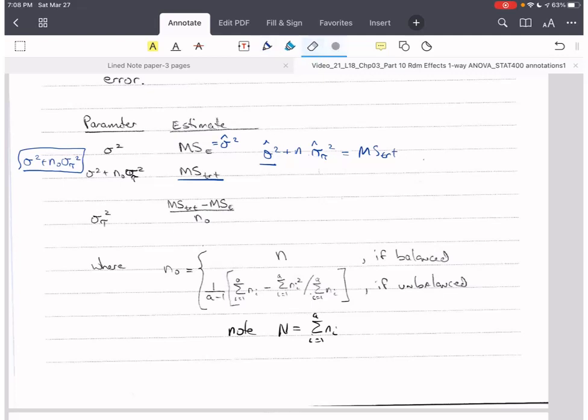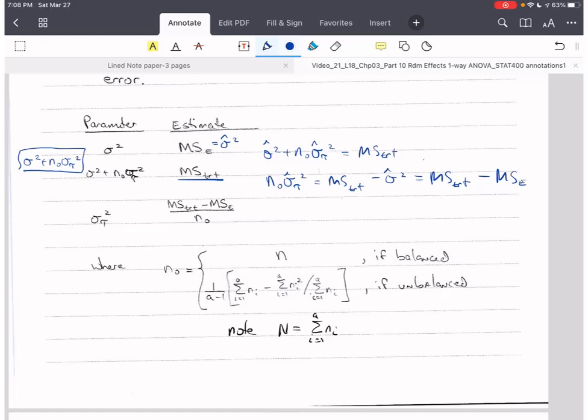So I get n naught sigma tau hat squared equals MSTRT minus sigma hat squared, which is equal to MSTRT minus MSE.